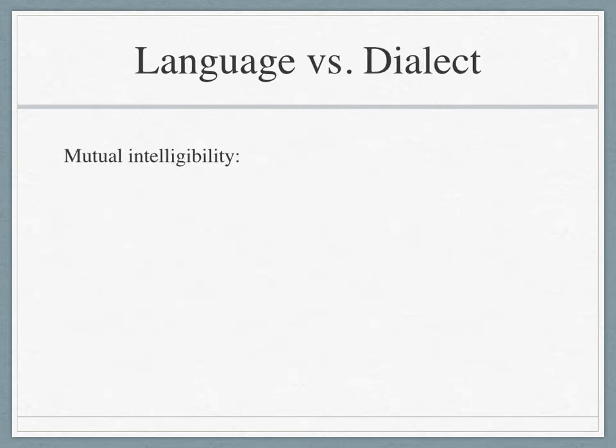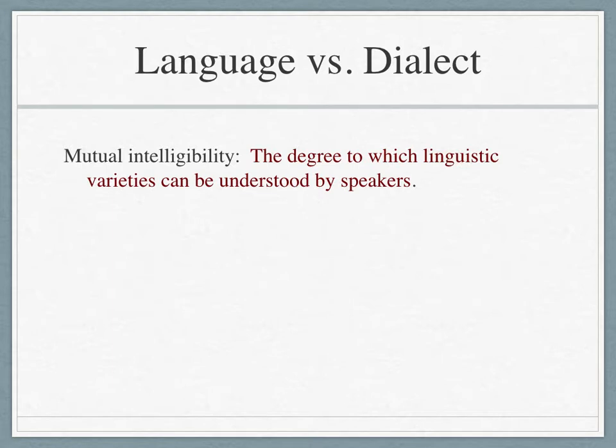Okay, so first, a very important concept when we're determining the difference between a language and a dialect is that of mutual intelligibility. You know, we like our nerdy words in linguistics, and this one is actually very helpful. Mutual intelligibility is the degree to which linguistic varieties can be understood by speakers.